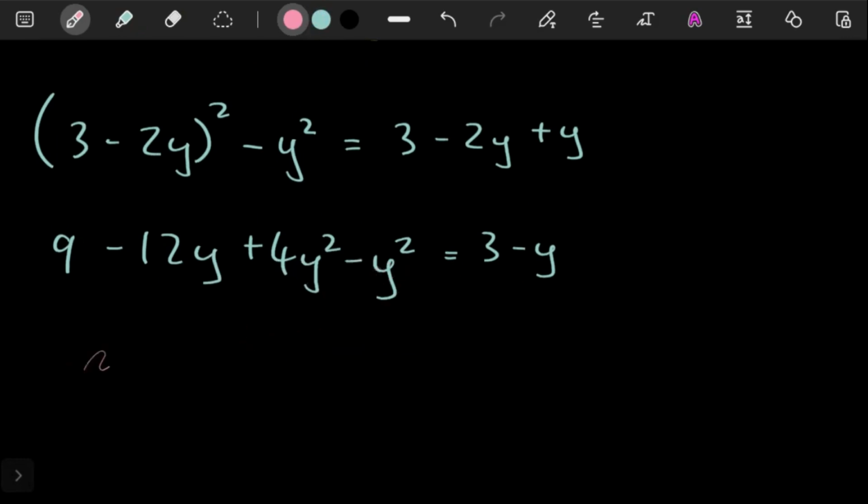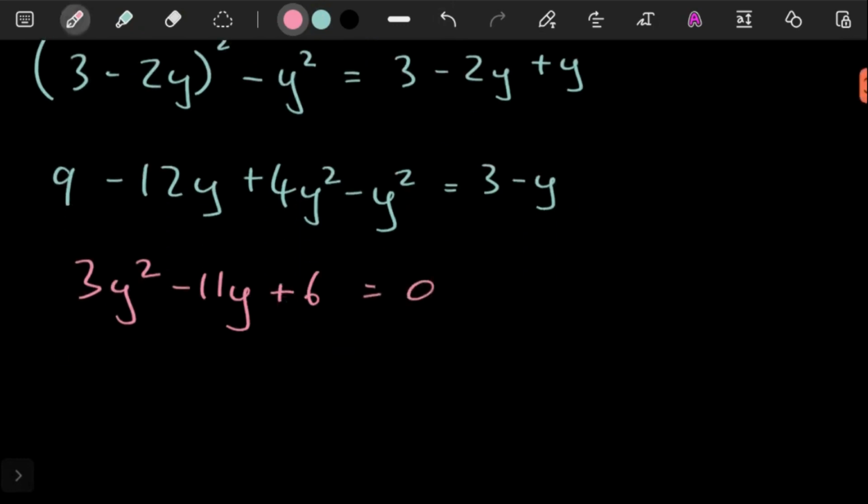Well, let's take everything to one side. You're going to have 3y squared, and then -12 plus 1, so it's going to be -11y. That's kind of weird. And then here 9 minus 3, that's going to give you +6 equals 0. So the way this looks, it's not looking very pretty.